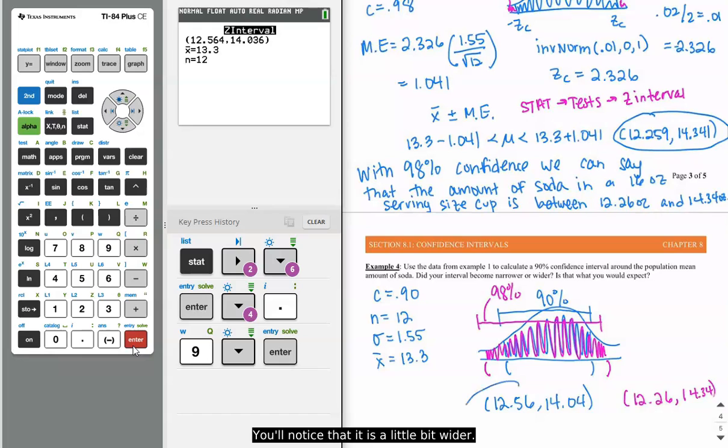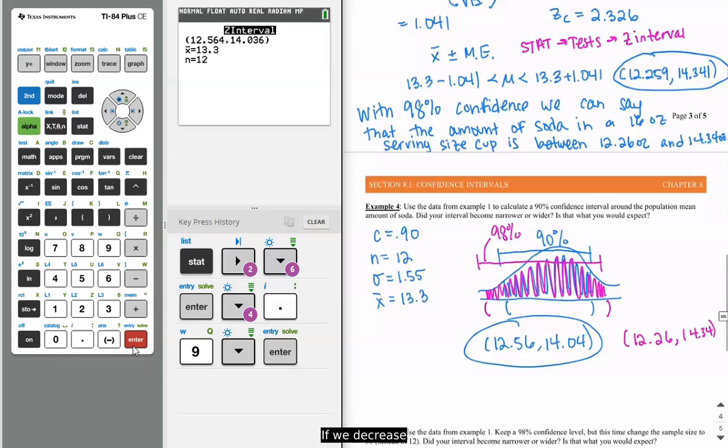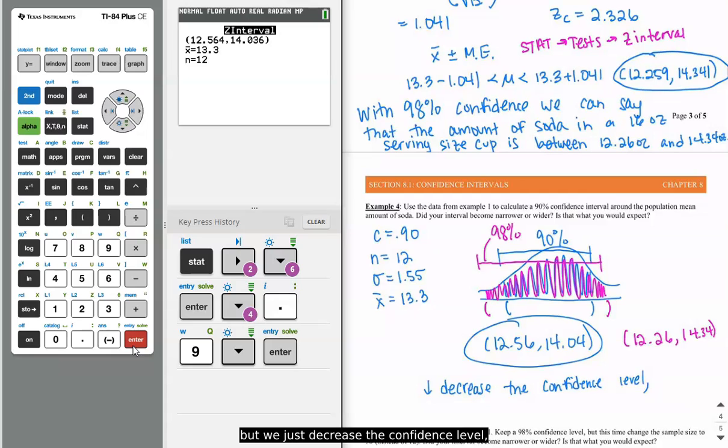So what does this mean? If we decrease the confidence level, and we keep everything else the same, that's important, but we just decrease the confidence level, it's going to decrease the width of the interval.